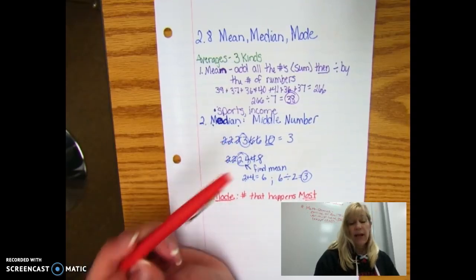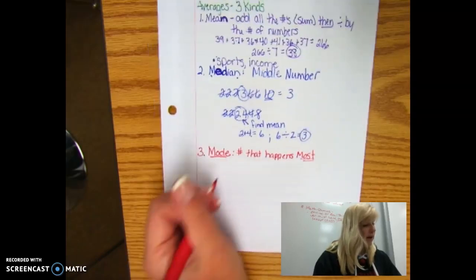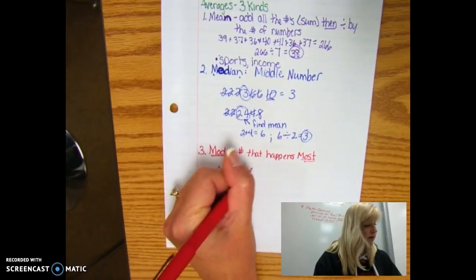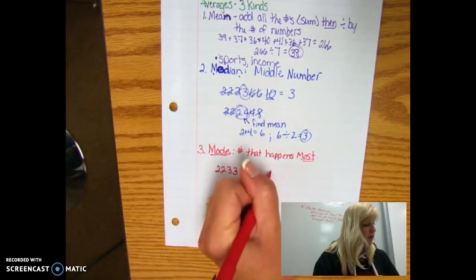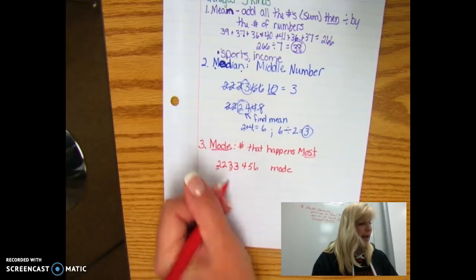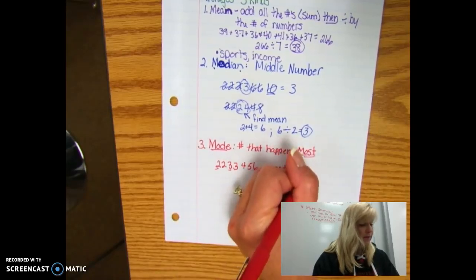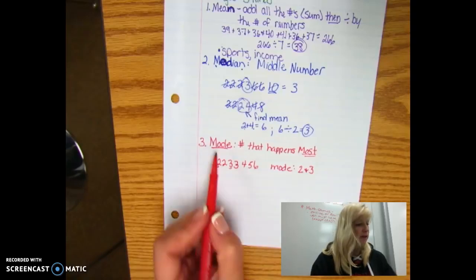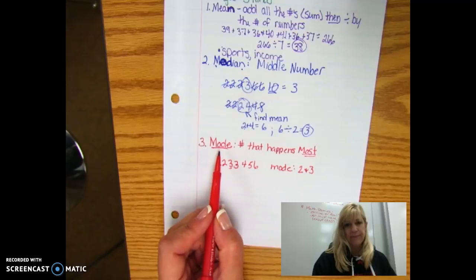This data set only has one mode. However, if you had 2, 2, 3, 3, 4, 5, 6, the mode would be two numbers. It would be 2 and 3. Sometimes when you have something that's not worth a lot of points and you want to see what the most occurring one is, it's helpful to know what the mode is.